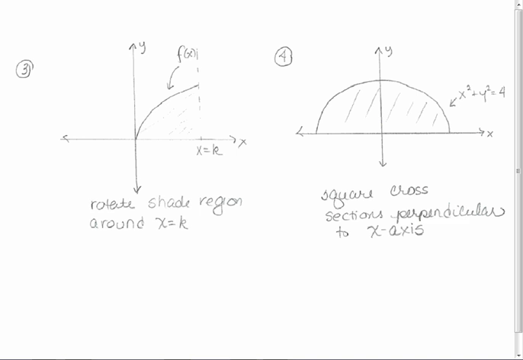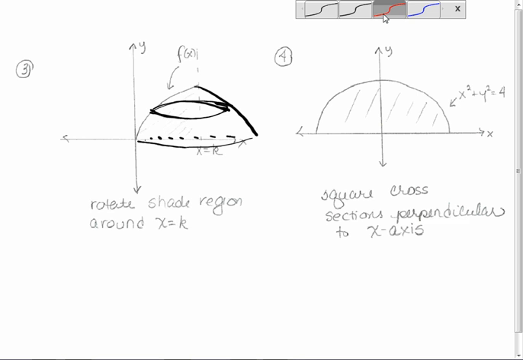This one's easier, because this is not a washer. Rotate this region around x equals k. Kind of like a dome. So there's your slice, the disc. Okay, let's go all the way over there, sorry. My board's a little bit out of alignment. Oh, and there's my radius. How do I find my radius? It's not x.